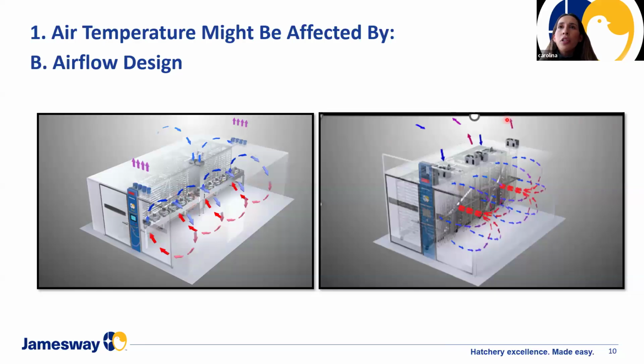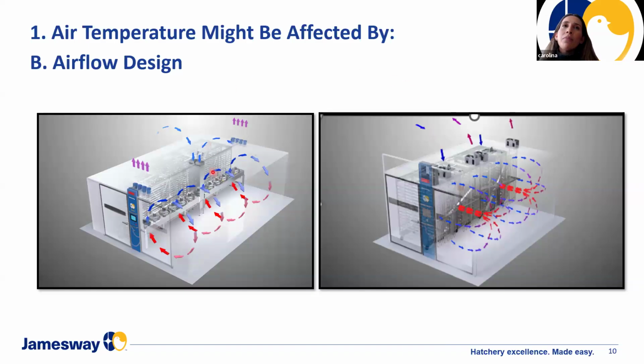And on the right picture, we have another type of machine where the fans are located very differently. The air direction doesn't go up, it goes horizontally. It goes to the right and the left on each side, because this fan is bidirectional, so it throws air to the right and the left. Then it goes horizontally to the wall and returns to the fan.